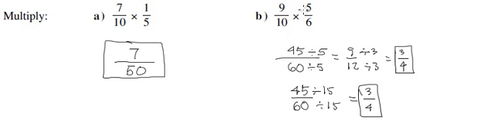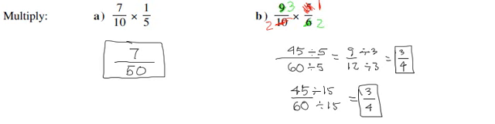And the way that usually looks is you go 5 divided by 5 makes 1, 10 divided by 5 makes 2. There's another one of those that we can do here. Do you see it? We have 9 over 6. You could say 9 divided by 3 makes 3. 6 divided by 3 makes 2.